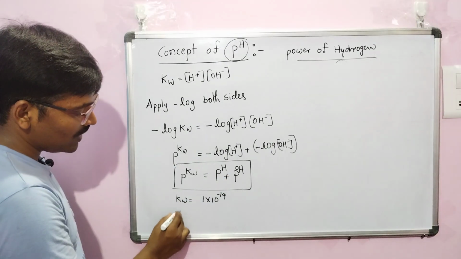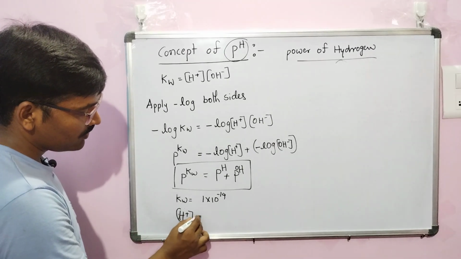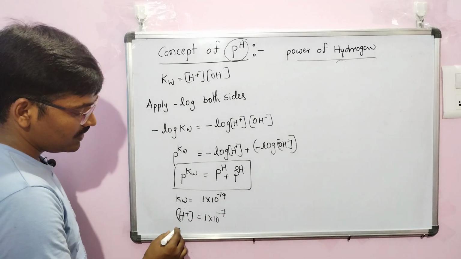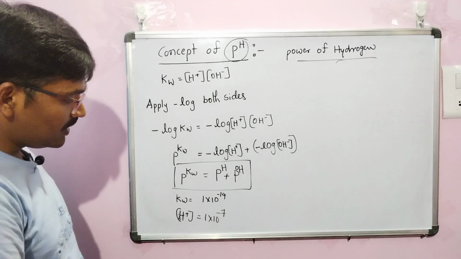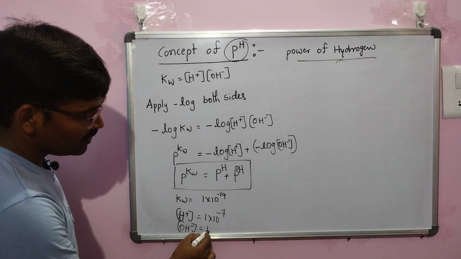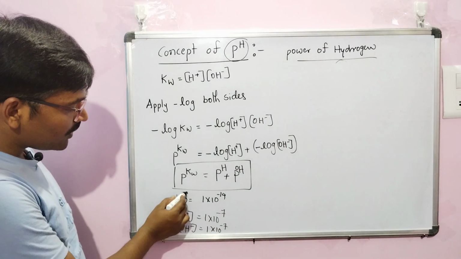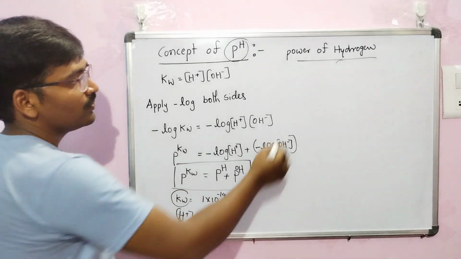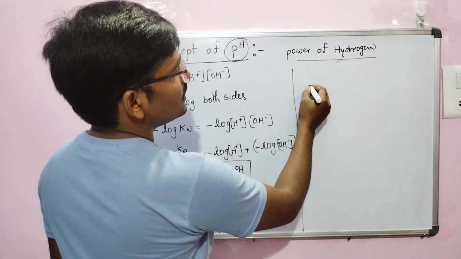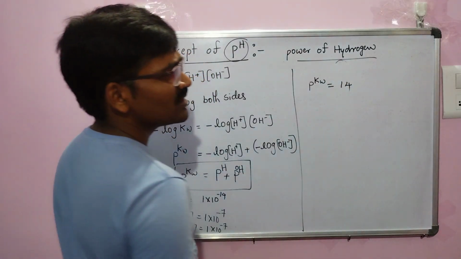For pure water, H plus ion concentration is 1 into 10 to the power of minus 7, so pH is 7, and OH minus ion concentration is 1 into 10 to the power of minus 7, so pOH is 7. So substituting, we can get pKw equals 14. So how is it?